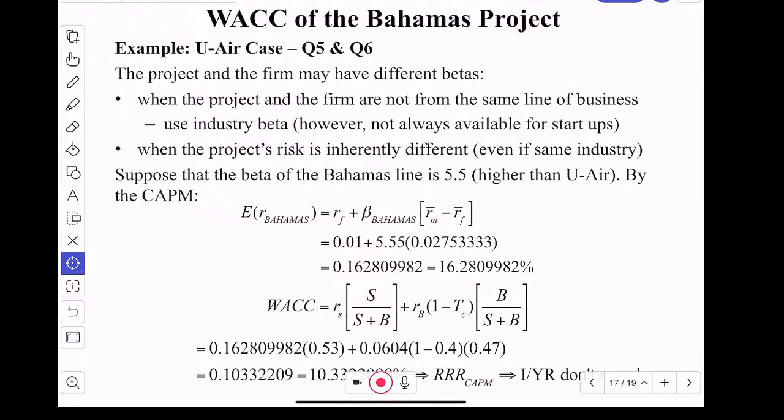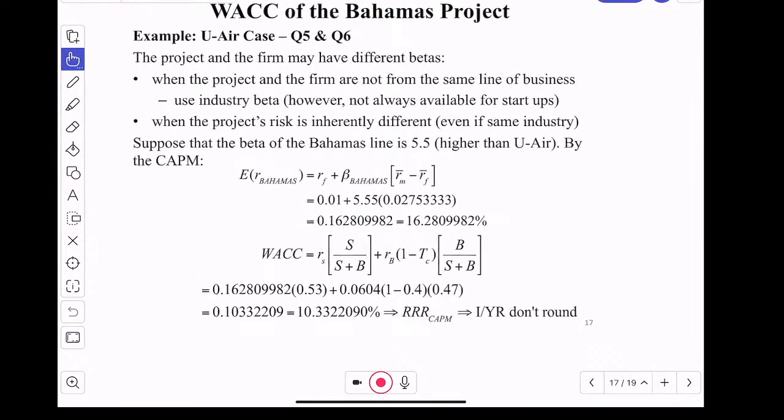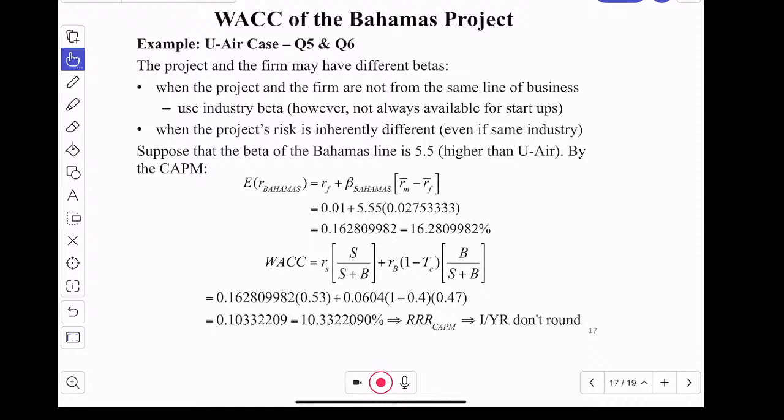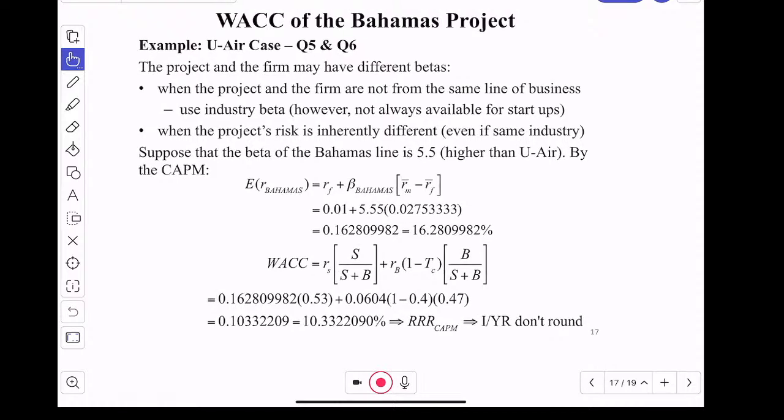So the next question is, we've done all of this assuming that the beta for the project, so going to the Bahamas, is the same as the beta for the firm, but that's not necessarily the case. The project and the firm may have different betas.